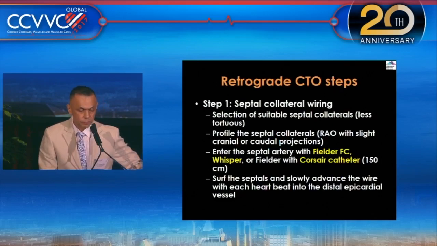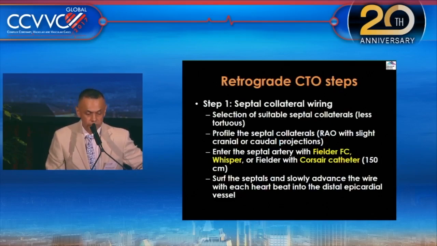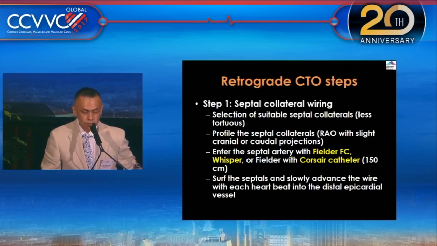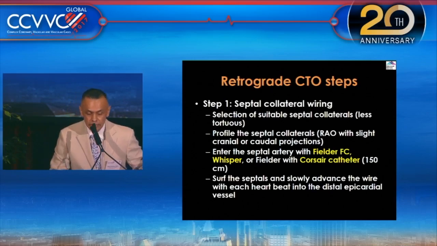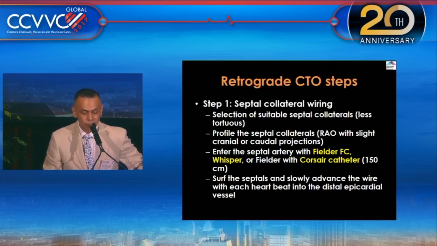So what are the steps? The first is, like I said before, you have to select the septal collaterals. You have to enter the septal with a Filter FC. FC stands for fine control. I always thought it meant for collaterals, but it means fine control.